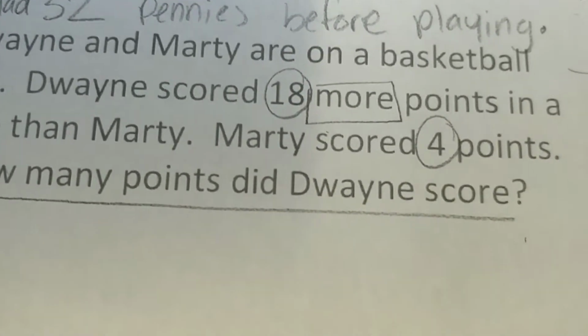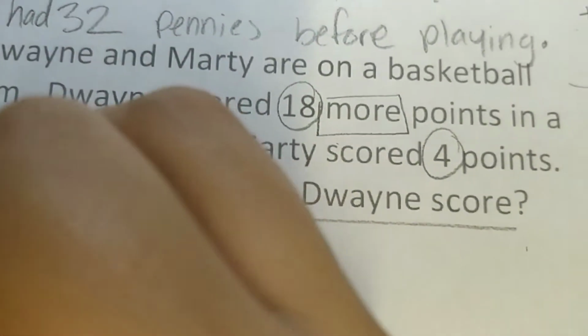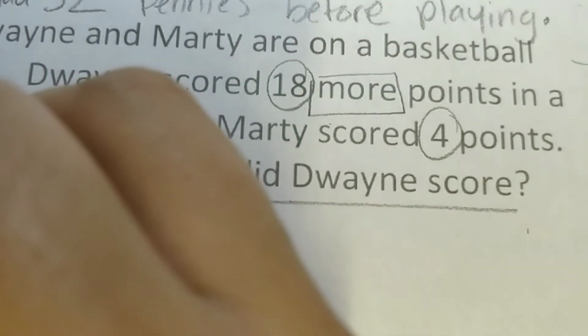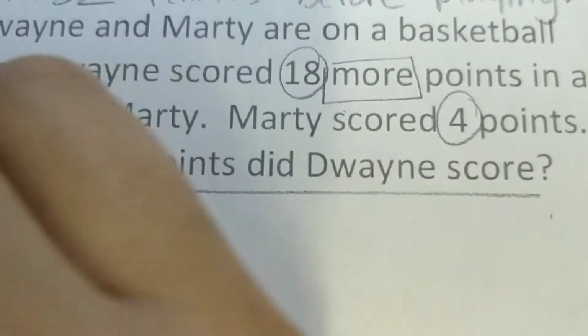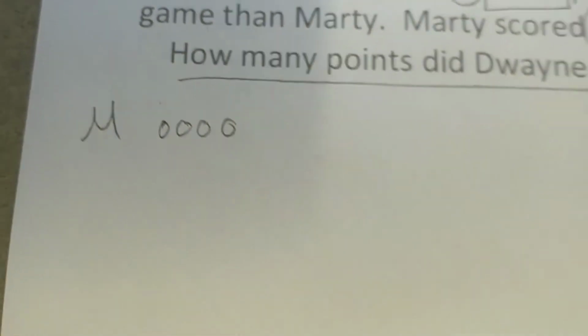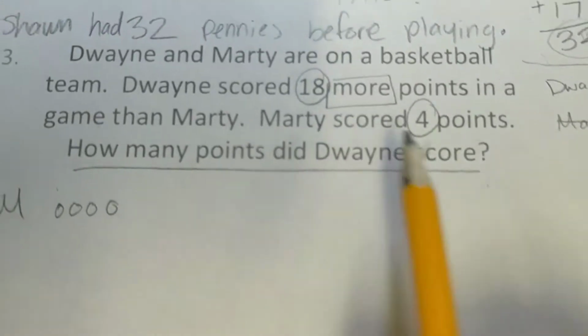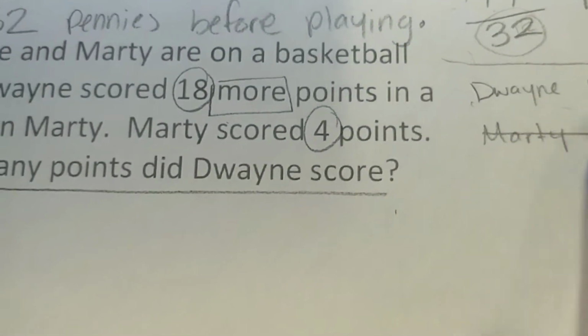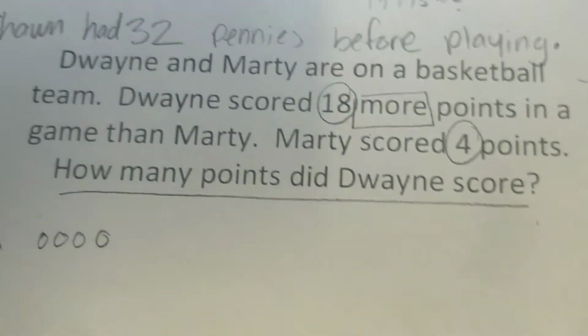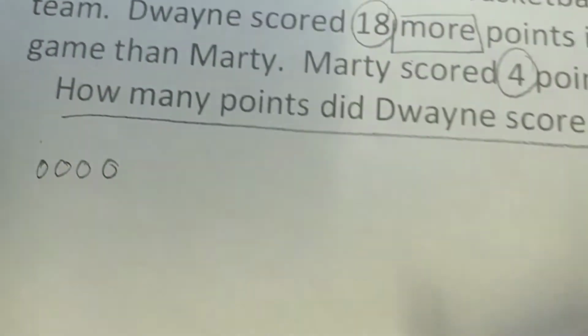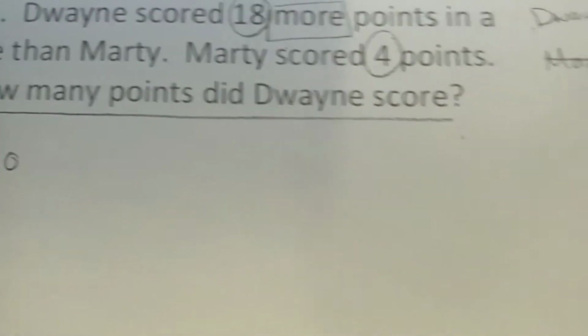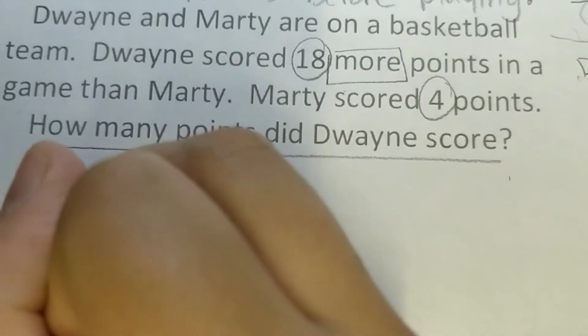So how many points did Dwayne score? We have to understand that we have Marty, so Marty has 1, 2, 3, 4. So M for Marty over here. So I drew it. I'll cross out my notes over here. If Dwayne has 18 more than him, that means Dwayne has 18 more than what Marty already has. So I know Marty already has 4.